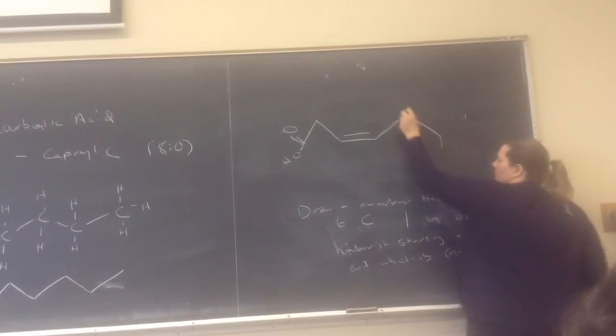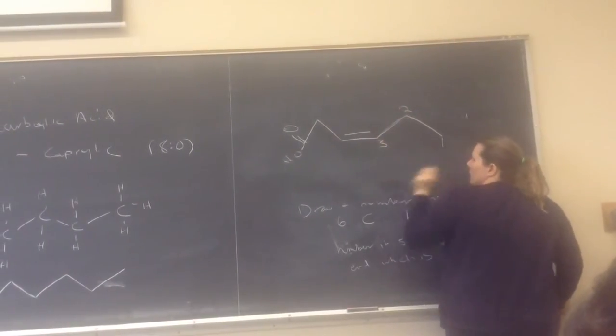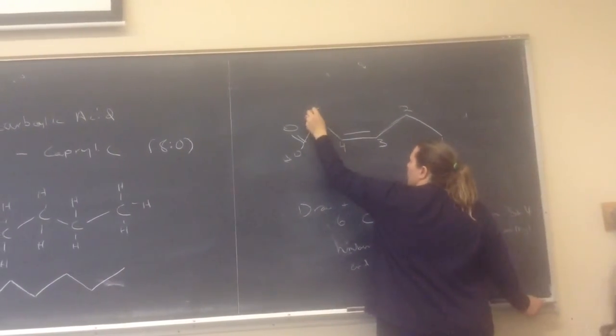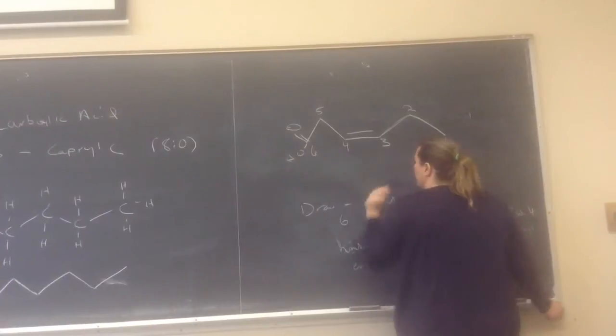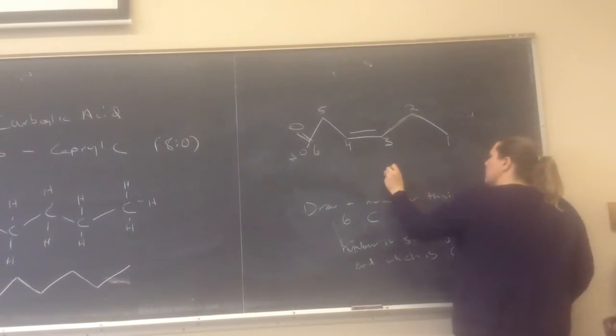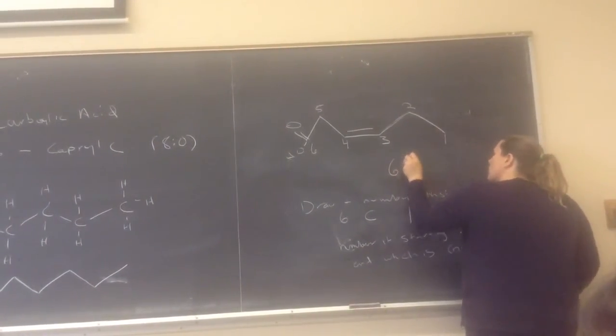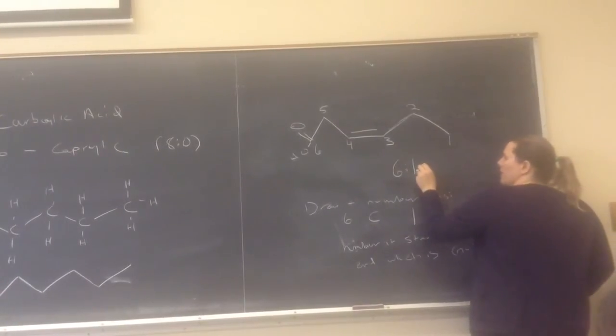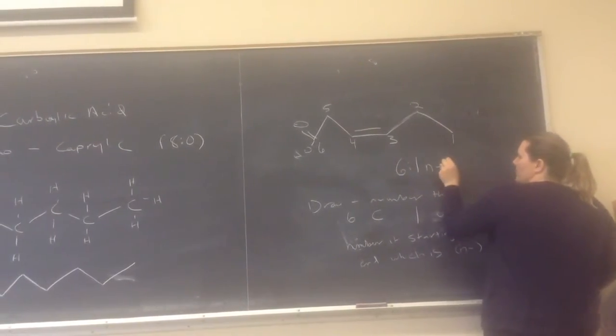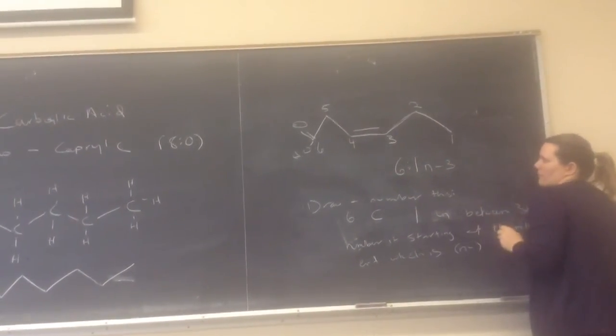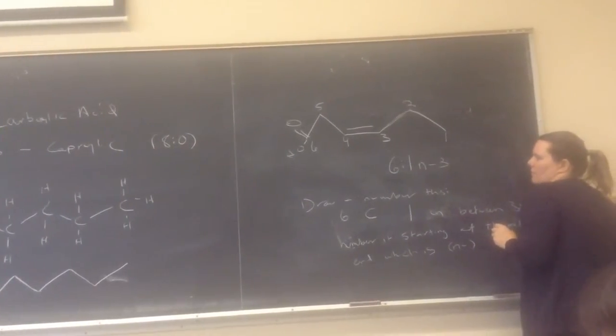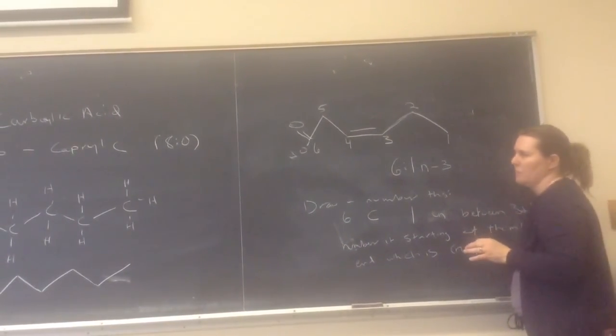On the right. 1, 2, 3, 4, 5, 6. So this is 6, 1 double bond, right? N minus 3. That's it.